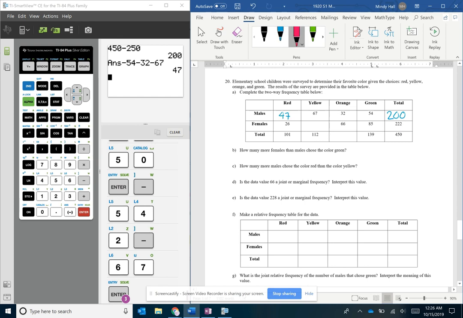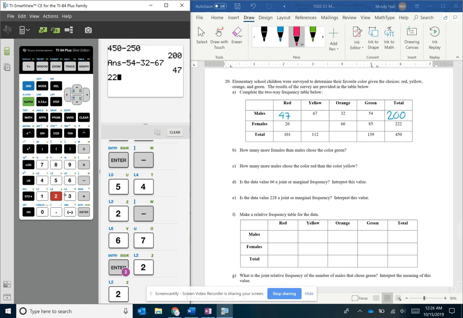So then for females, we know we have 222 of them. But then we need to find how many like yellow. So we subtract what we know. 85 of them liked green, minus the 112 that like yellow, or oops, misread that, my bad. Minus the 66 that like orange, minus the 26 that like red.